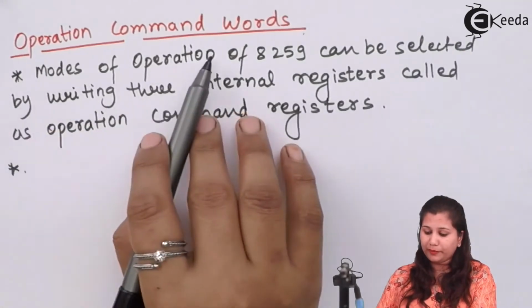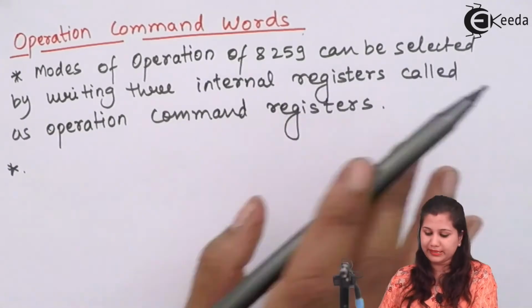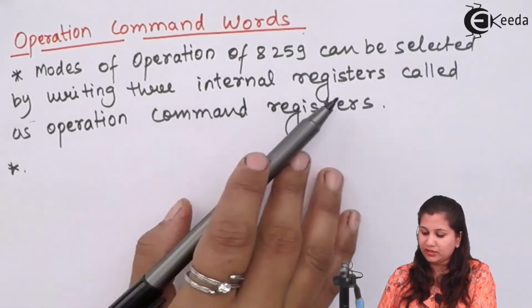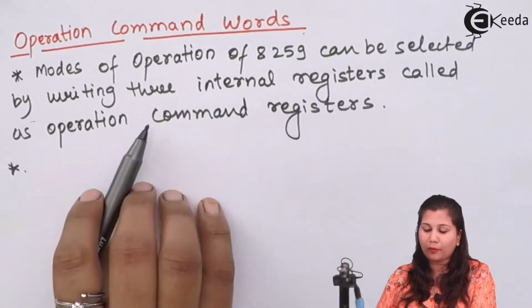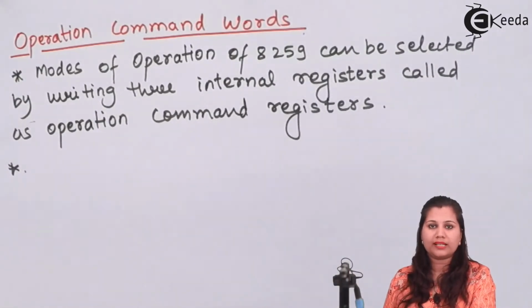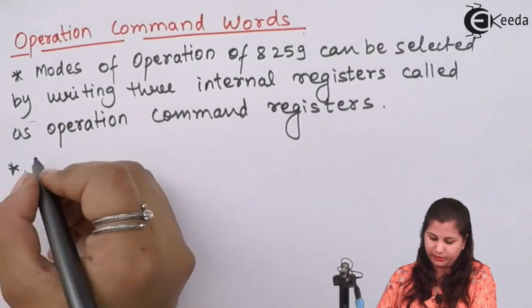Now the modes of operation of the 8259 can be selected by writing the control words in the 3 internal registers, which are known as the operation command registers, and these control words are known as the operation command words.